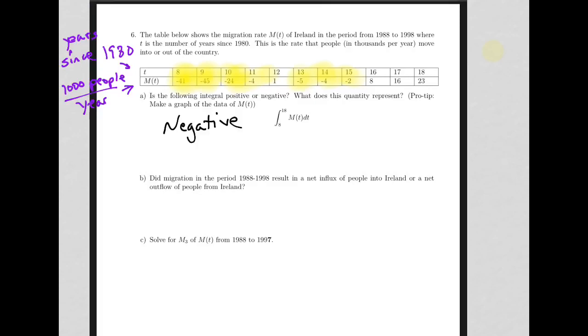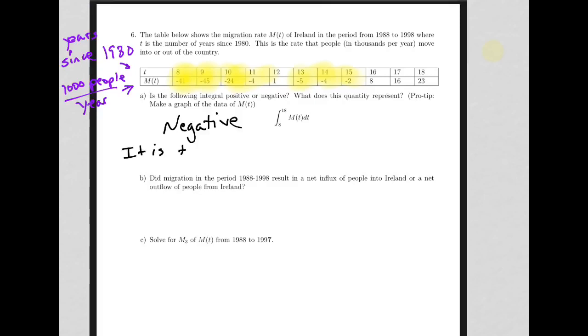And then this quantity represents, well, we have the rate of people per year, and we're looking at from 8 to 18 years. So this is going to be the total change because we're taking an integral of a rate of change. So this gives a total change.